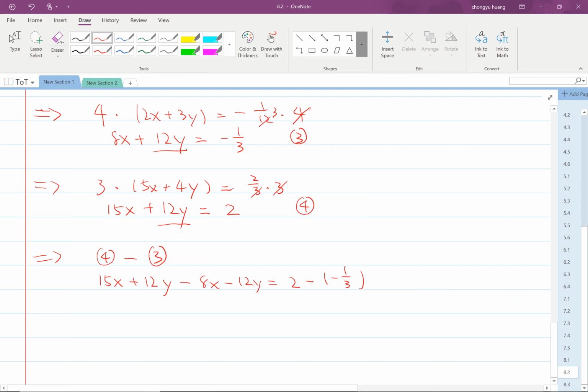Now you simplify it. Negative 12y and positive 12y get cancelled, right? 15x minus 8x is actually 7x, right?